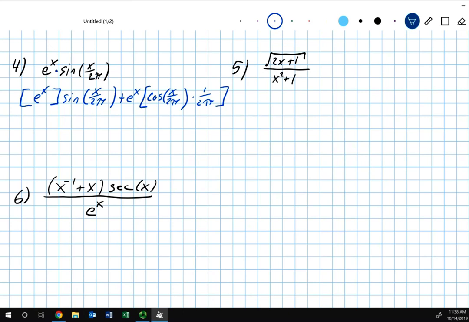All right, I'm going to clean this up just because that's what we're doing today. So I can factor out that e to the x, and then I get a sine x over 2 pi, and then I get a plus, looks like 1 over 2 pi, or you could just divide by 2 pi, cosine of x over 2 pi.